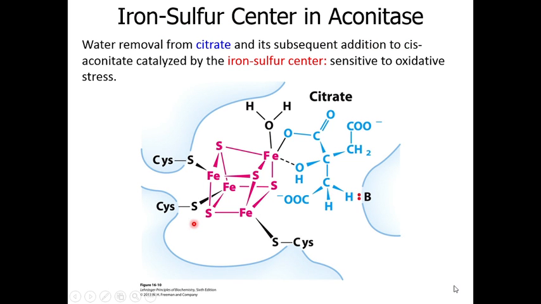The Iron-Sulfur Center is shown in red here. Three cysteine residues, 1, 2, and 3, in the active site of the enzyme bind 3 iron atoms, 1, 2, and 3. The 4th iron is bound to one of the carboxyl groups of citrate, as shown here, and also interacts non-covalently with the hydroxy group of citrate, shown by this dashed line.